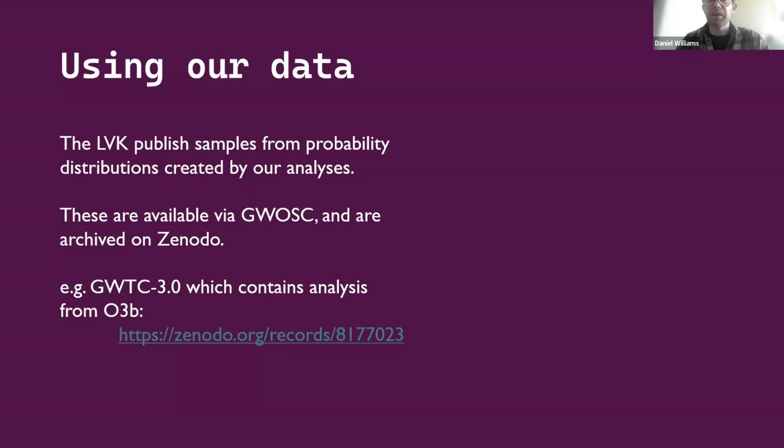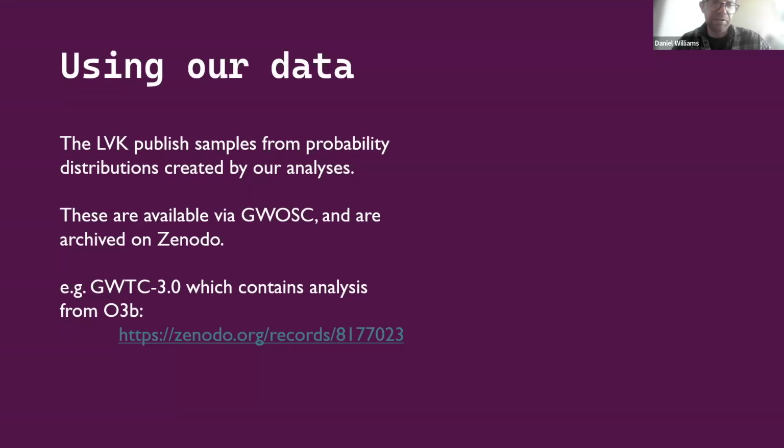So it is often going to be more viable to go back and use the results which we've published. Of course, we also provide all of the information which you need to redo any of these analyses if you want to, and if you have access to the appropriate resources. But it is hopefully convenient to go back and get those samples. These are available through the Gravitational Wave Open Science Center, GWOSC, and they're also archived on Zenodo.